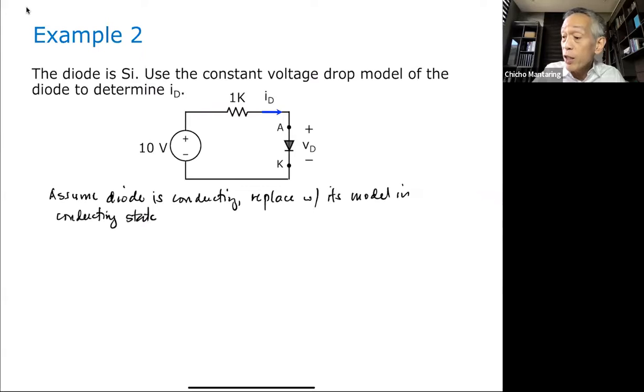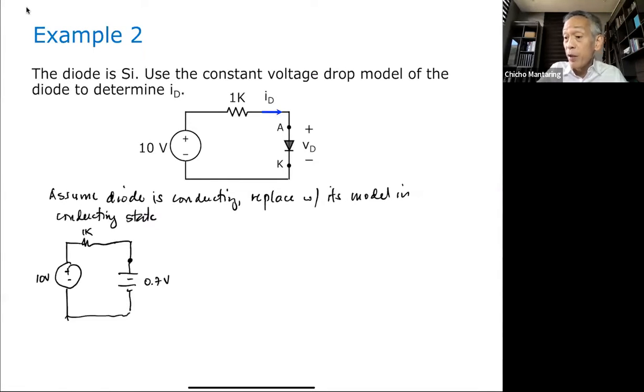Now we are using the constant voltage drop model. So what is its model in the conducting state? It will be a constant voltage drop. So our equivalent circuit now is going to be 10 volts, 1K, and a constant voltage drop from anode to cathode of 0.7 volts, because the diode that we are using is silicon.